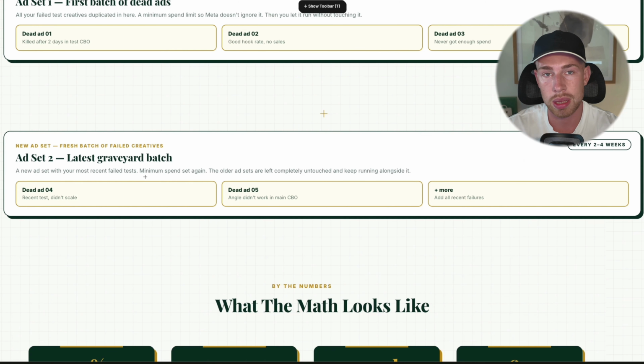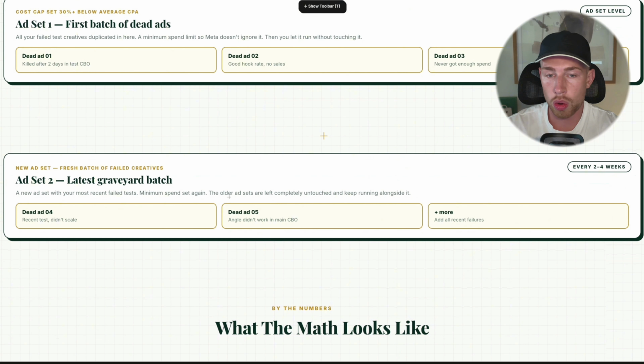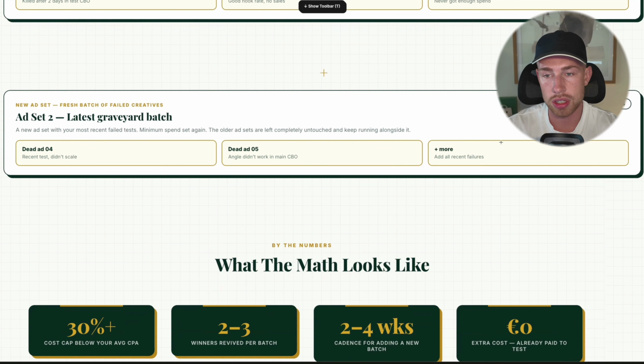So you just keep adding them to the same zombie campaign CBO, but in a new ad set. The older ads are left completely untouched and keep running alongside it. That's very important. So same structure, ad set with multiple ads in it.